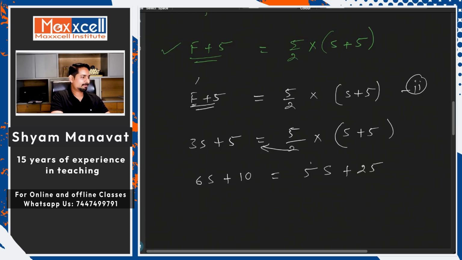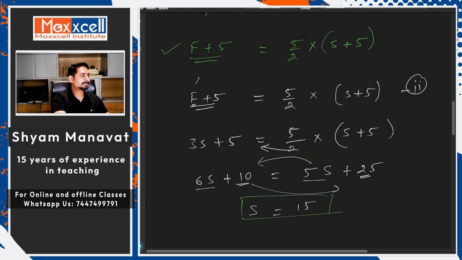Okay, smaller value, change the side. 6S minus 5S will get you simple S. 25 minus 10: plus 10 will go to the right hand side, will become minus 10. 25 minus 10 is 15. S is equal to 15. That's the age of son.